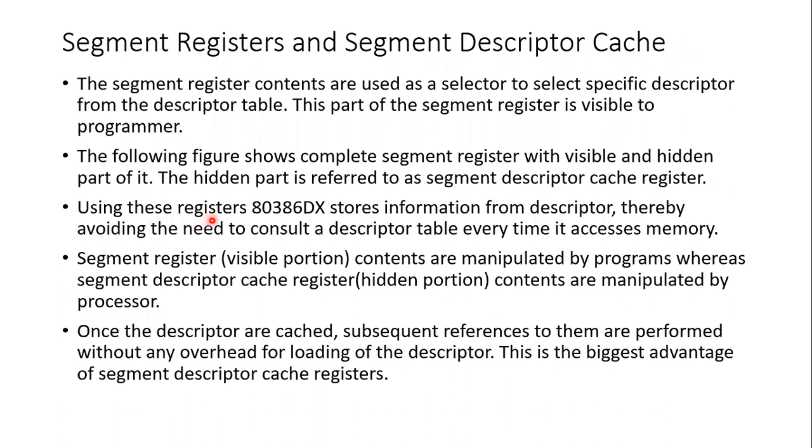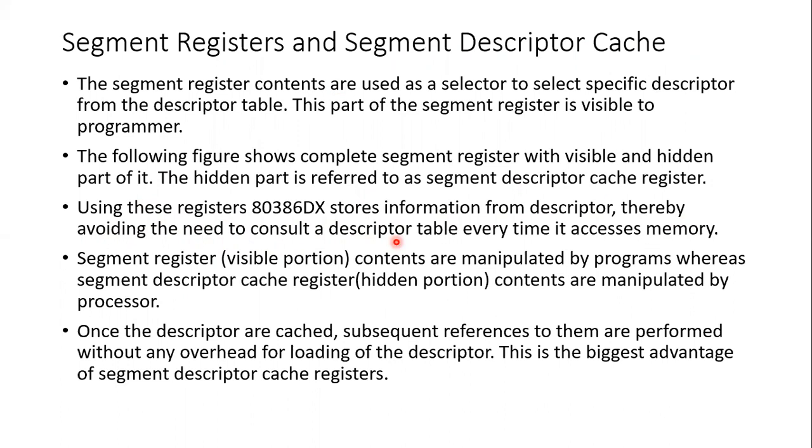Using these registers, the microprocessor will store the information from the descriptor, thereby avoiding the need to consult a descriptor table every time it accesses the memory. What is the use of a cache? Cache is a part of memory, a quick access memory.